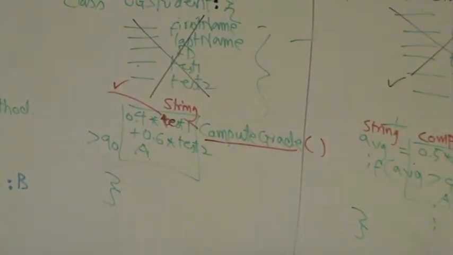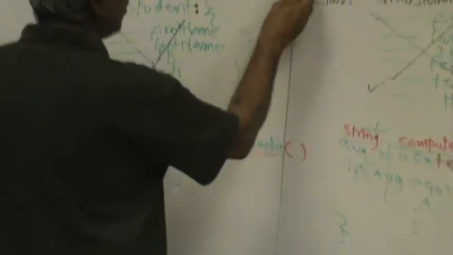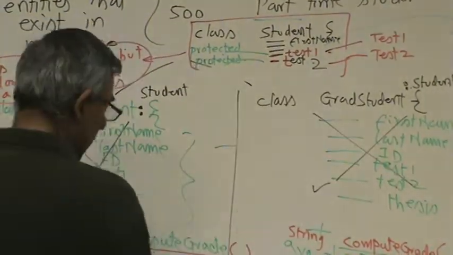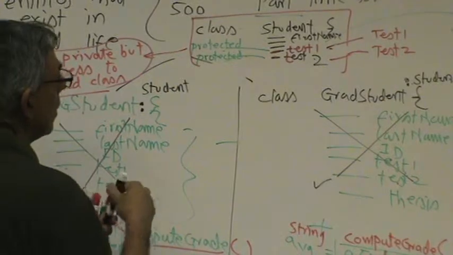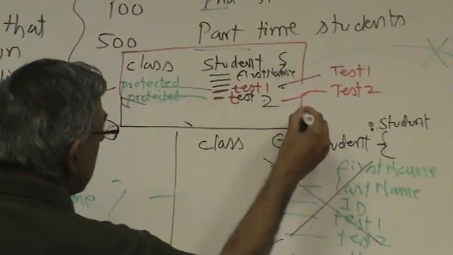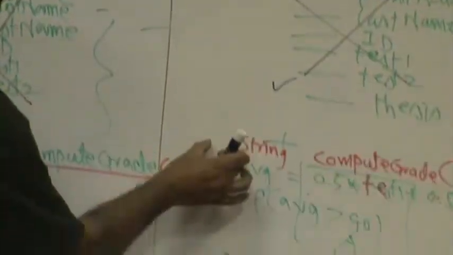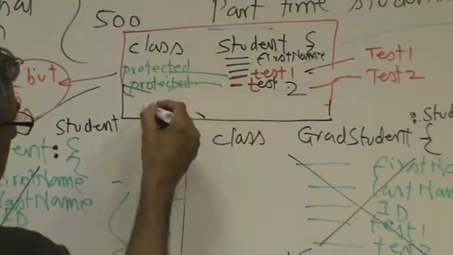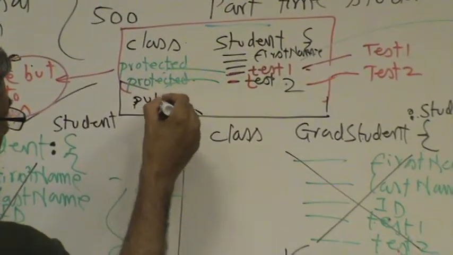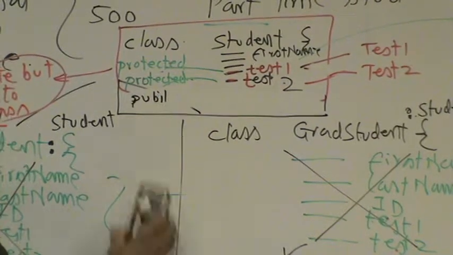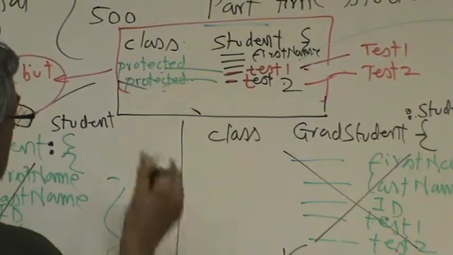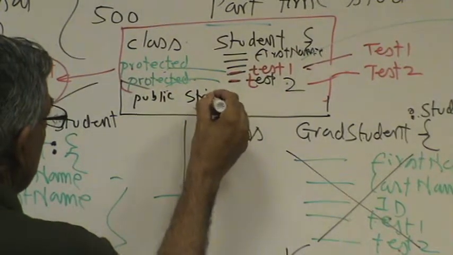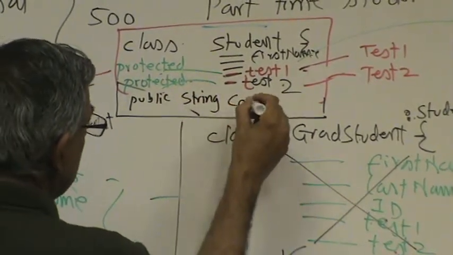So in good object-oriented programming, what we'll do is we create this base class called student, for example. We will move this over here, okay? So we will say public, sorry, let me write it a little clearly, public string compute grade.